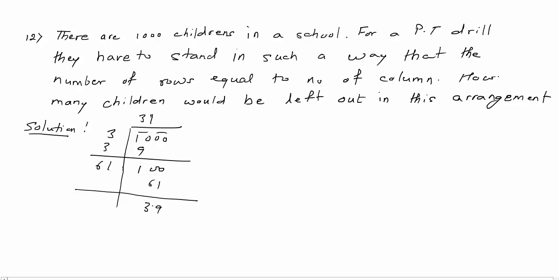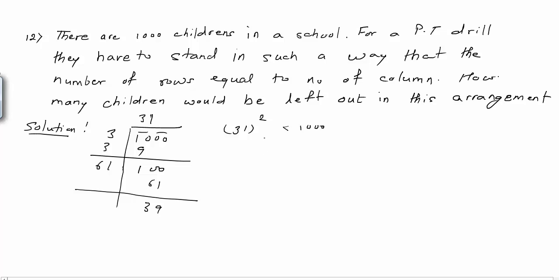Now here remainder is 39. So this 31 square which I am getting is less than 1000. That means I can make 31 rows and 31 columns to make a perfect square. Now how many children are left? 39 children are left.